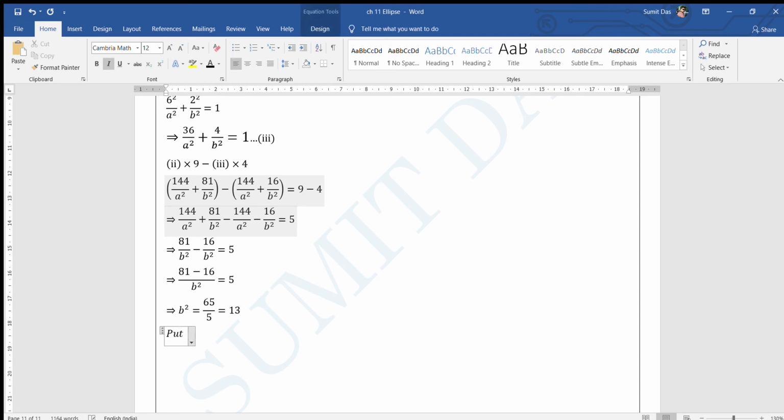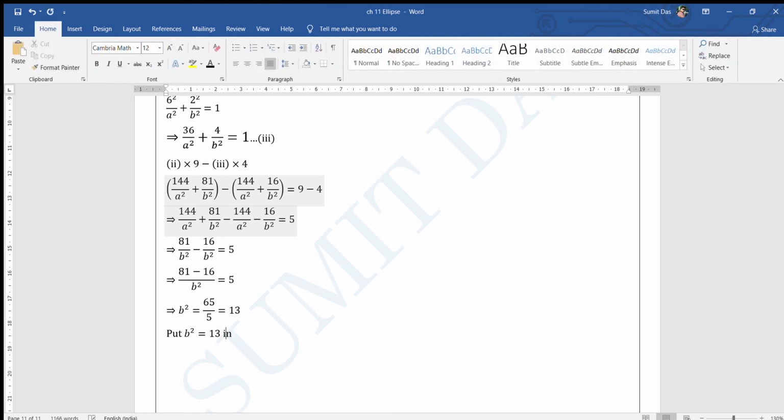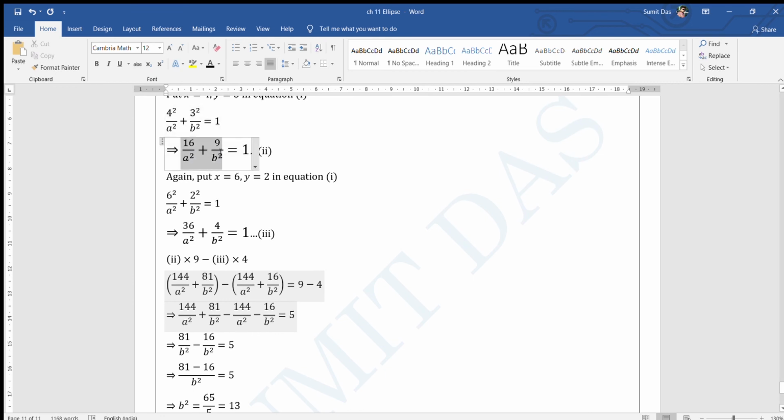Put b square equal to 13 in number 1, in number 2, in equation 2. Equation 2 is where this.